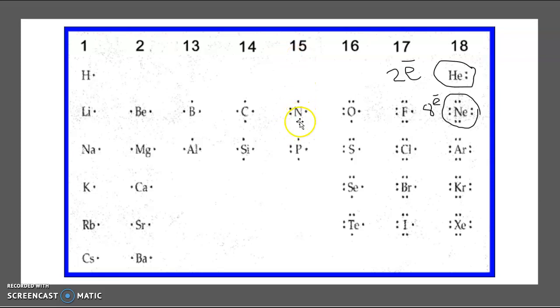But since nitrogen and phosphorus have 5 valence electrons, you begin pairing electrons, and so in oxygen, fluorine, and neon. All the noble gases, neon, argon, krypton, xenon, have 8 valence electrons surrounding the symbol of the atom. This is the dot representation or Lewis representation for the noble gases.